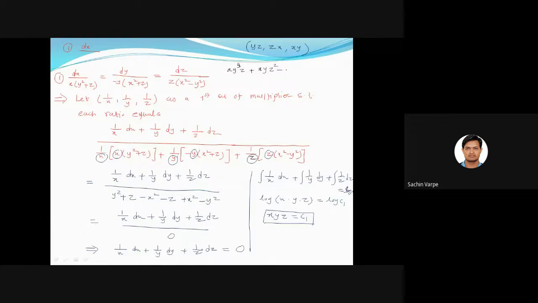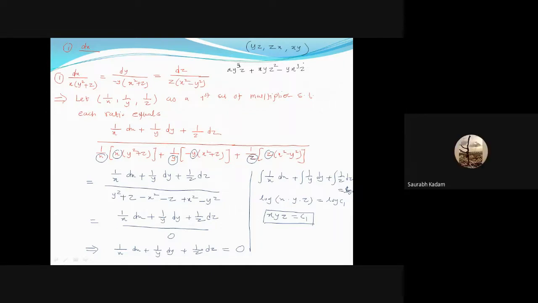Minus x cube, yx cube z, yz. Yx cube z. And what is next? zx.